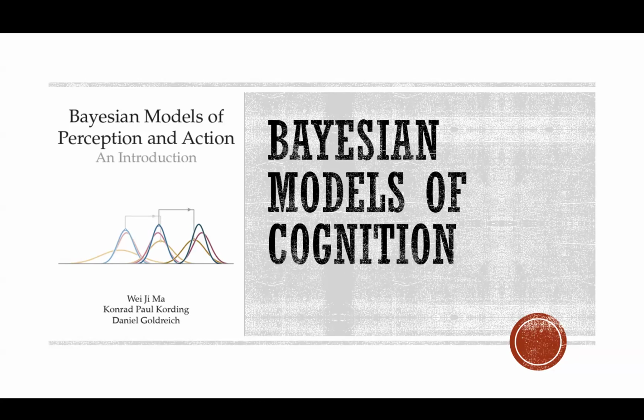There is a recently published book, free online, called Bayesian Models of Perception and Action: An Introduction, that does a very in-depth job of introducing very specific models of how the visual system and the cortical aspects that underlie visual processing work, and also something on action planning, but mostly about visual systems and how to model them.